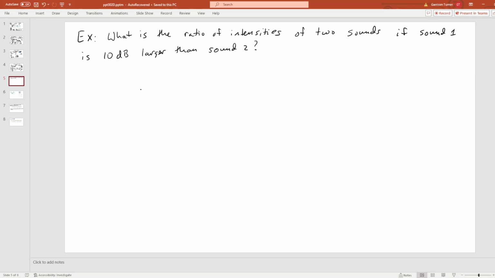For example, let's say sound 1 is 80 decibels and sound 2 equals 70 decibels. And we want to know what's the ratio of I1 to I2.